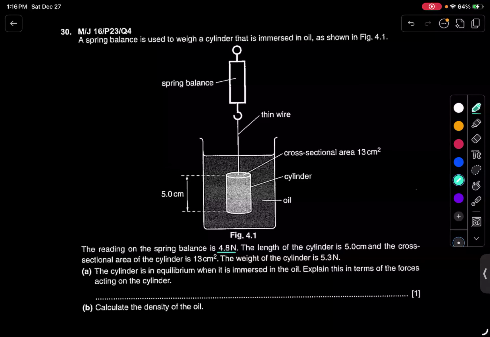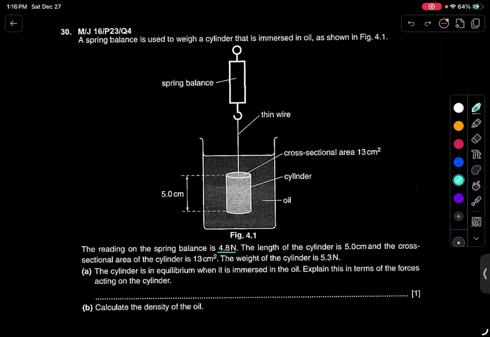Okay, let's see the rest. The length of the cylinder is 5 centimeter and the cross-section area is 13 centimeters square. The weight of the cylinder is 5.3 Newton. The cylinder is in equilibrium when it is immersed in the oil.